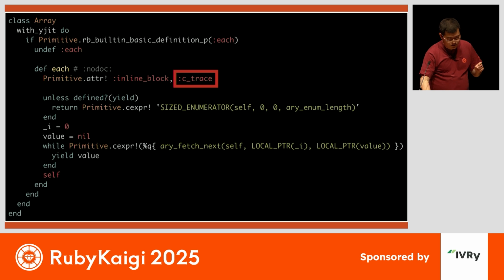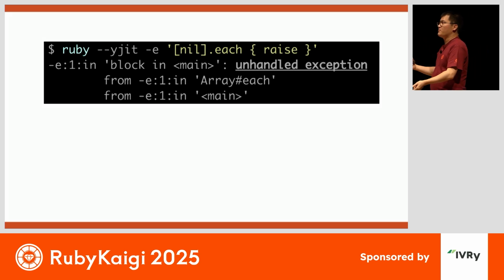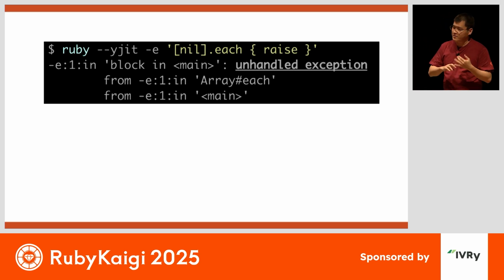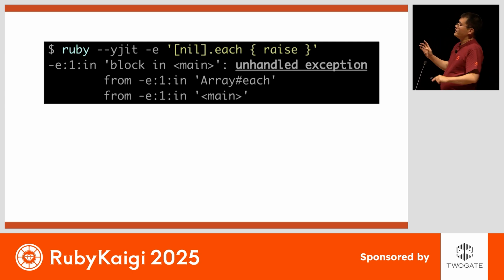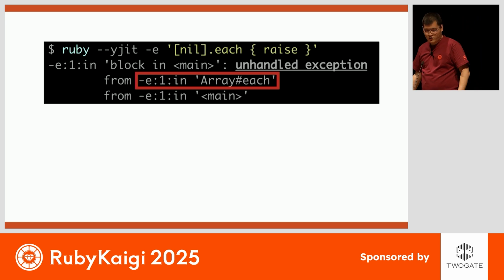And if it does have the c_trace flag, this is the original behavior of the exception raised inside the block given to Array#each. If you raise something inside the block given to Array#each, the backtrace, of course, should have the Array#each entry. And the interesting part is, because Array#each is defined in C in this example, it shows the file name called -e, which is the -e given to the Ruby command.